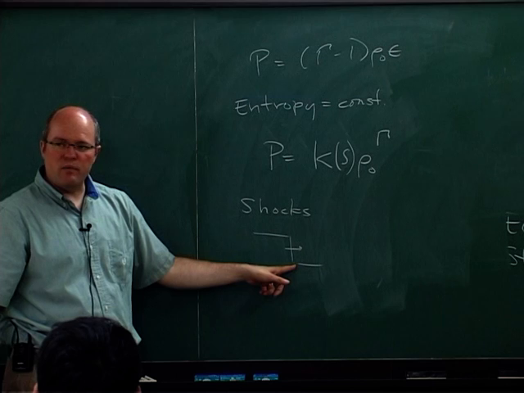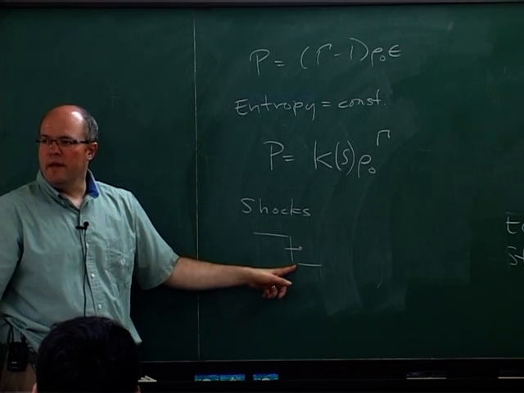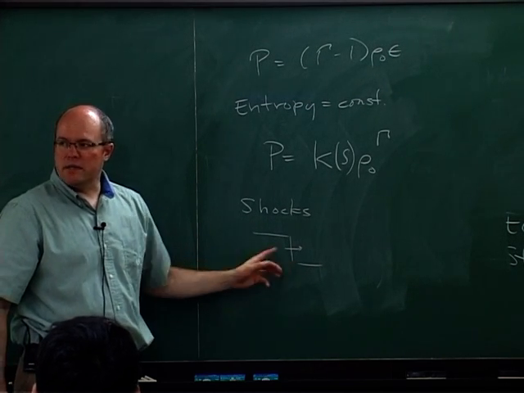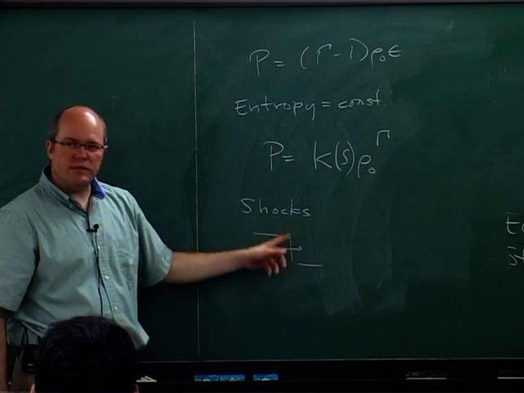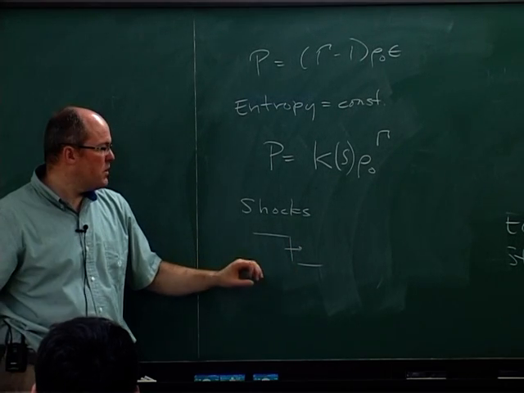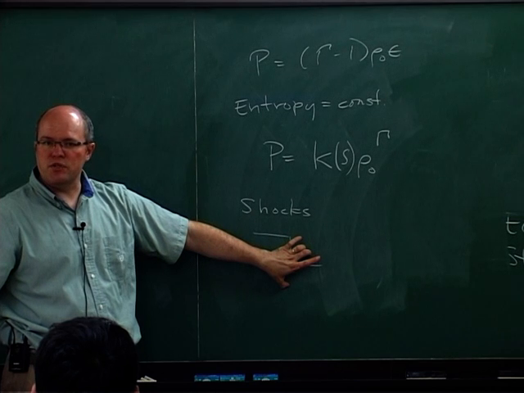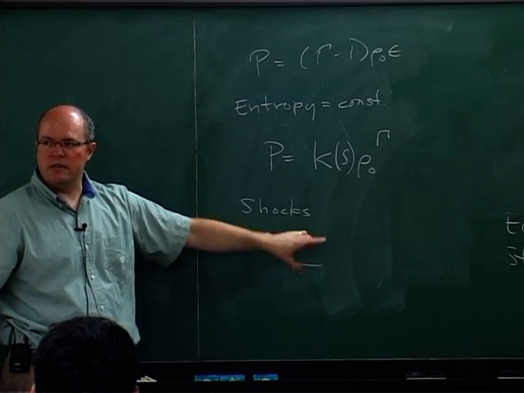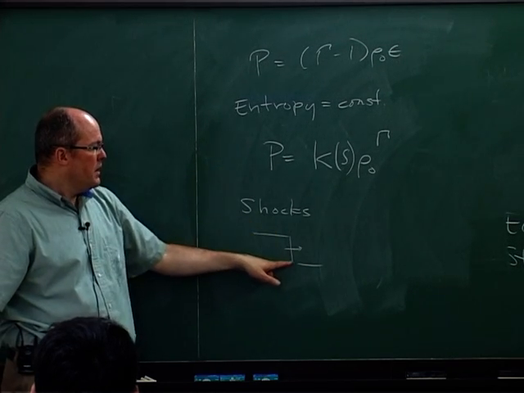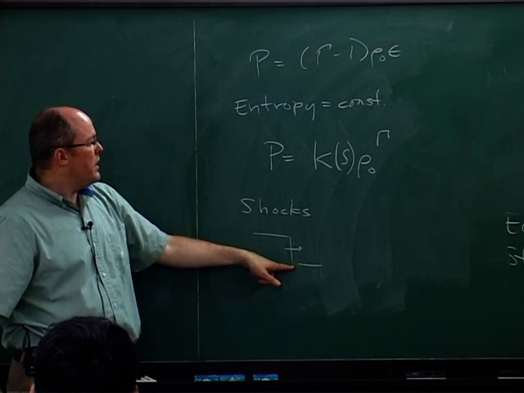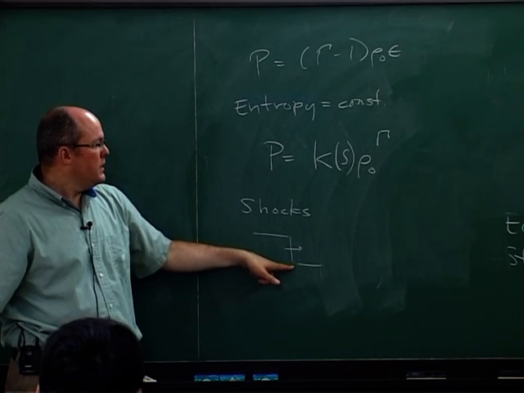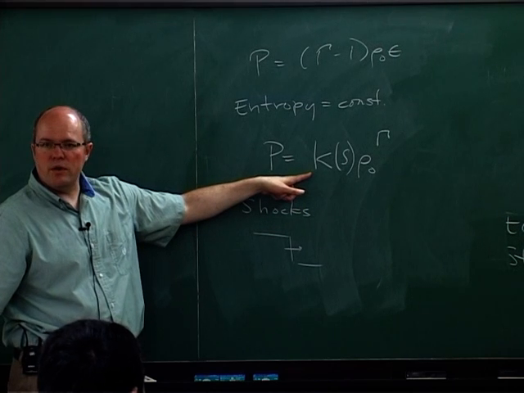The shock here is a compressive solution, and it is because I have characteristics that essentially cross that cause this shock to occur. That's what we'll talk about tomorrow. This is an irreversible process. I can't propagate backwards in time. And so when a shock occurs, I have an increase in the entropy. So I cannot use this form of the equation of state in the evolution.